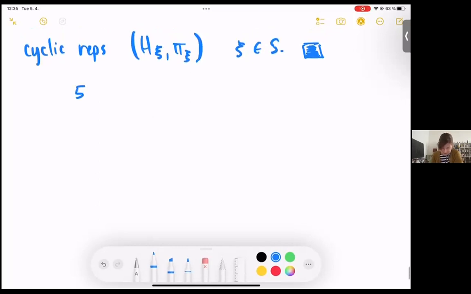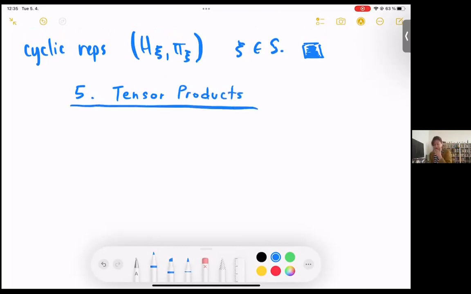But in any case, let us talk about tensor products of C-star algebras. It's kind of hard to get particularly far in C-star algebra theory without having to take tensor products.